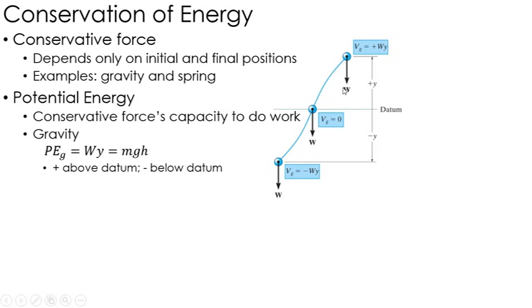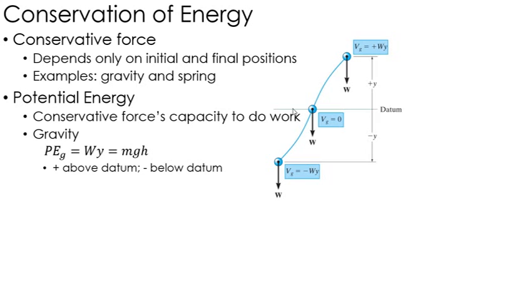So that would be a positive work. It has potential to do negative work if it's below the datum because, to get it back to the datum, it has to oppose gravity, go in the opposite direction of the weight. So we call it negative because it has potential to do negative work to get it back to datum. And again, it's just that weight times the vertical distance.